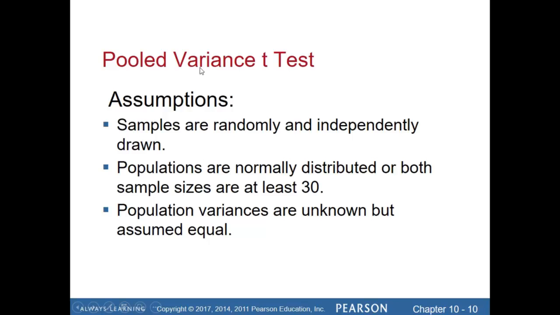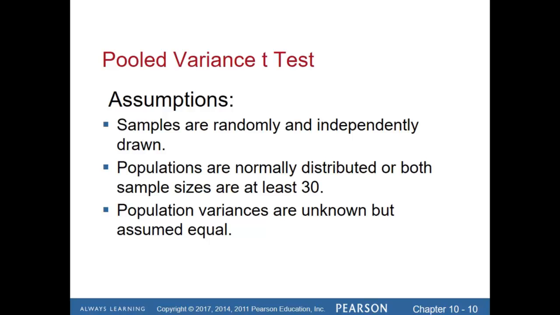But continuing on, the assumptions for the pooled variance t-test are that, again, we are working with samples that were randomly and independently drawn from their populations. Additionally, we need to assume either that the populations themselves are normally distributed, or that we have sample sizes large enough, at least 30, to assume that the central limit theorem applies and that the sampling distributions are normally distributed.